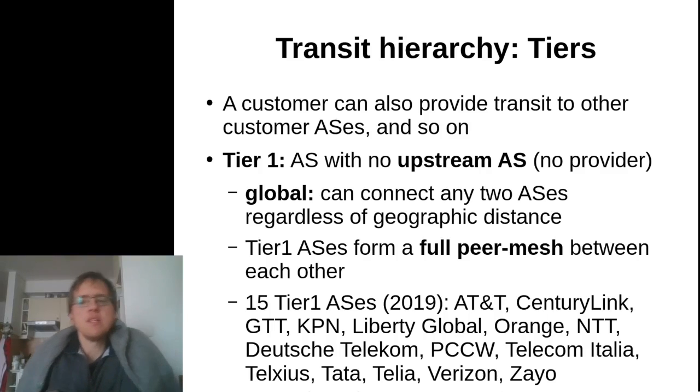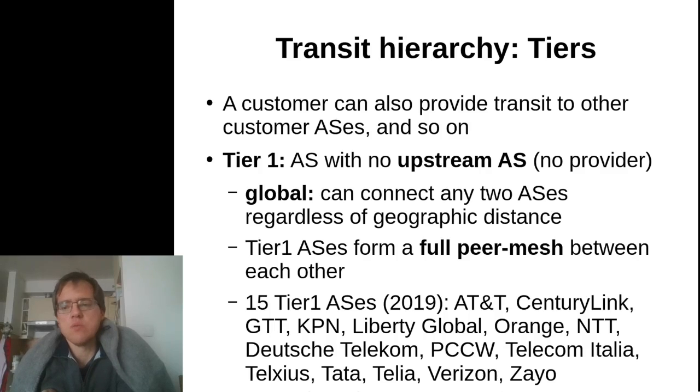To build this understanding, we are going to use the simple service model that we introduced so far. One very important aspect that might be overlooked, and that we haven't really discussed so far, is that it can very well happen that a customer that buys transit service from a provider also resells the transit service to other customer ASs, and so on.